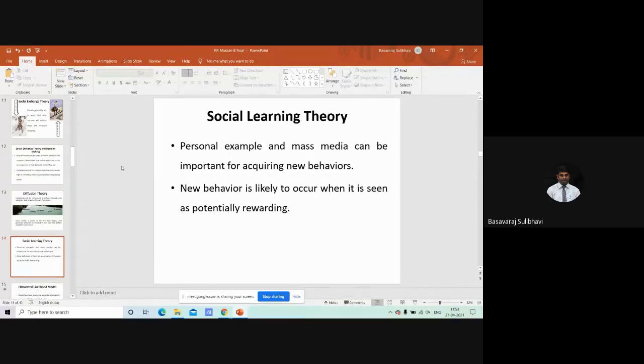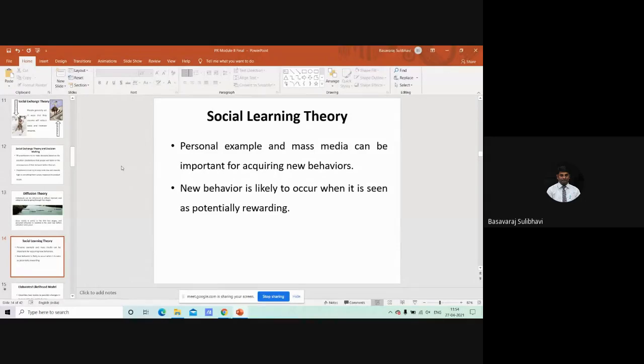It may be WhatsApp, Instagram, or Facebook. There are many more platforms through which we are connected with the societies we love to belong to. Whatever society we belong to, we have our own group. If one person shares it, many of them come to know. So we say personal examples and mass media can improve the acquiring of new types of behavior.